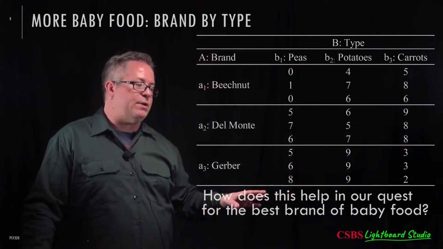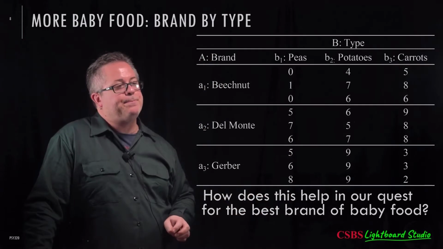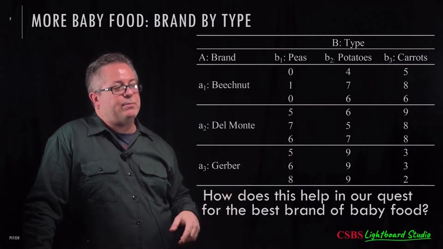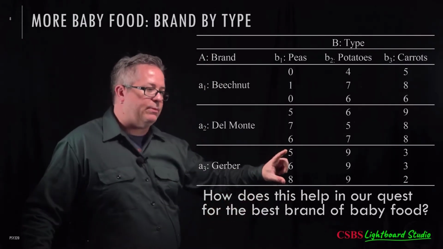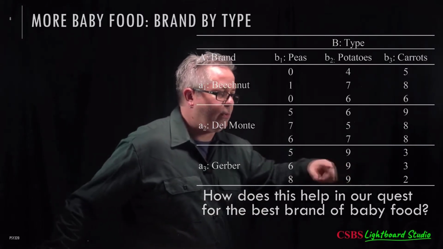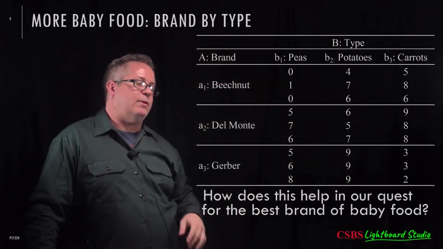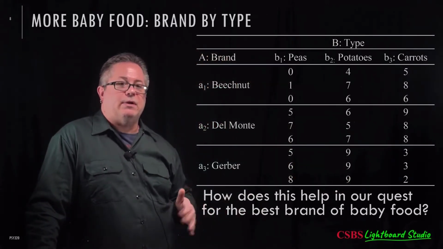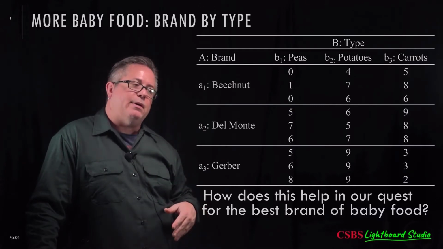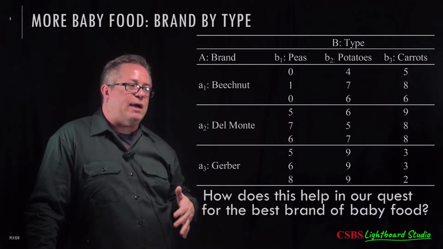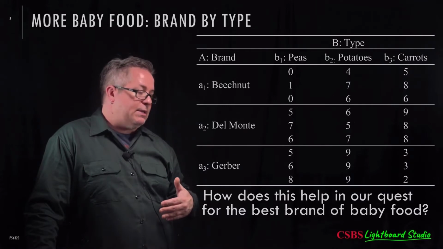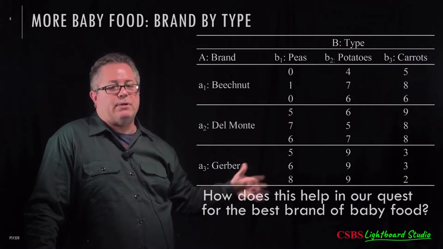That's not the case here, at least it doesn't look that way because of the numbers in here. But let's say it was all 999, 999, 999 all the way across the board, and it was better than everything. Then we could say that there was no interaction, and the effect that Gerber has is the same across all types of food, or at least these three types.